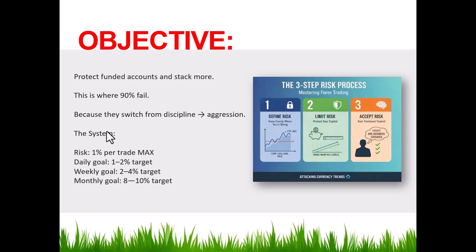You want to protect the account. So you cut off 50% of your risk, from 1% risk to 0.5% risk, so that you can slowly get out of the drawdown.